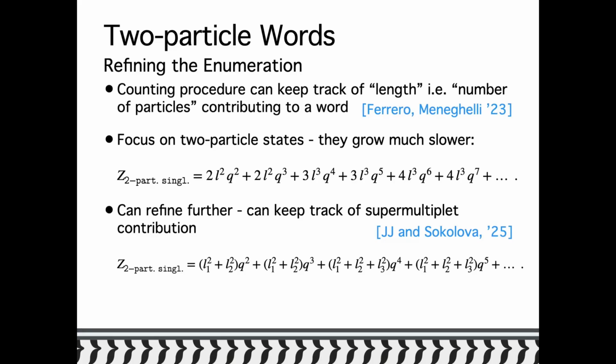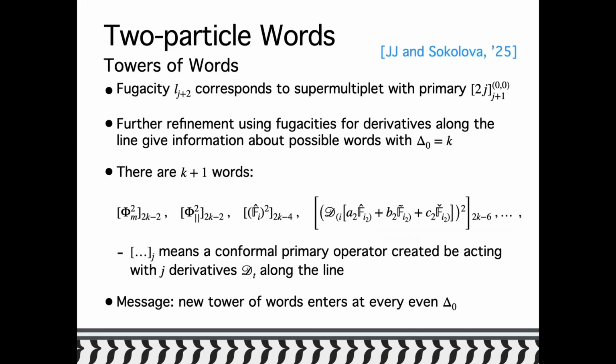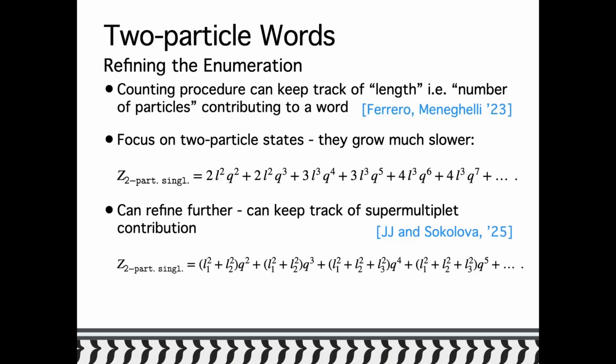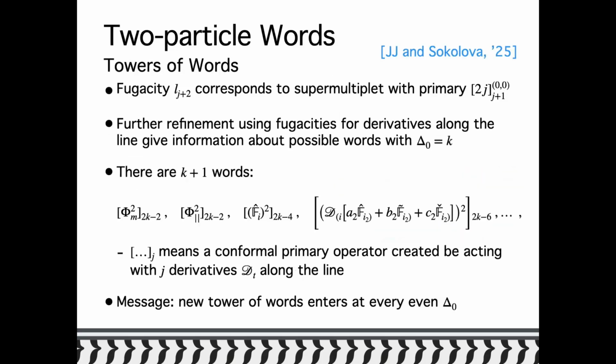At dimension 4, I again have phi m square, phi parallel square, I can act with two derivatives, but now I also have this f hat square. And then at dimension 5, I have phi m square, phi parallel square with 4 derivatives, f hat square with 1, etc. So I can keep generating a tower of words in this way.